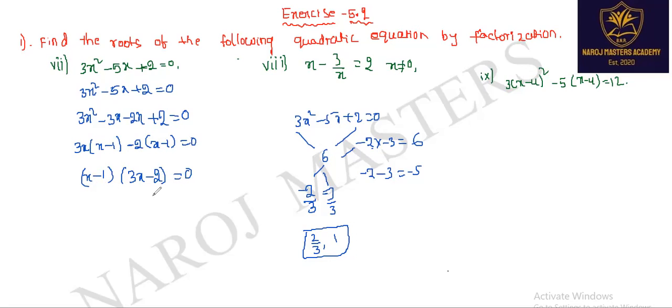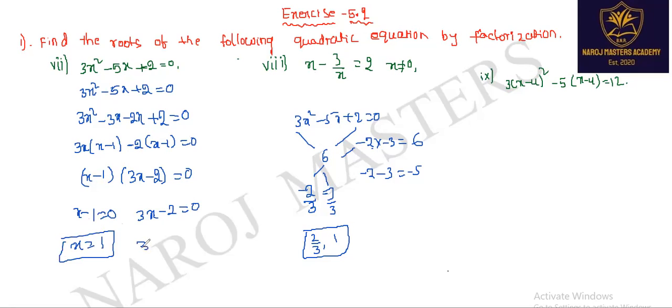Now equate both the terms individually to 0. So x minus 1 equal to 0, and 3x minus 2 equal to 0. x minus 1 equal to 0 means x is equal to 1.